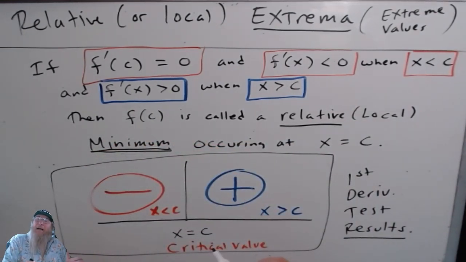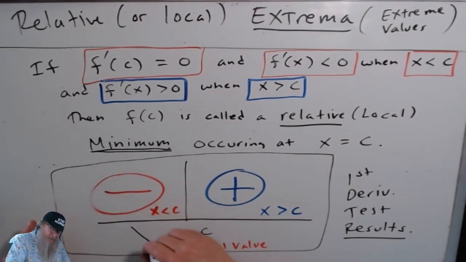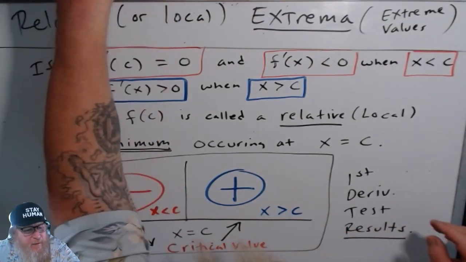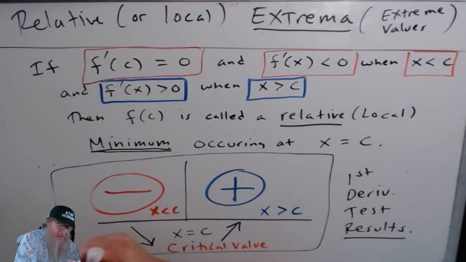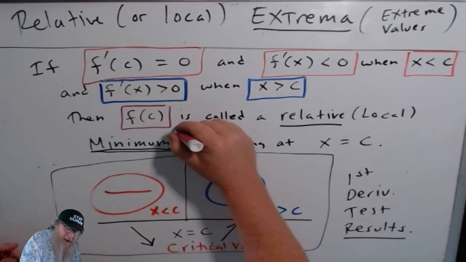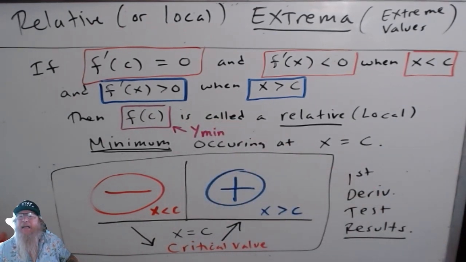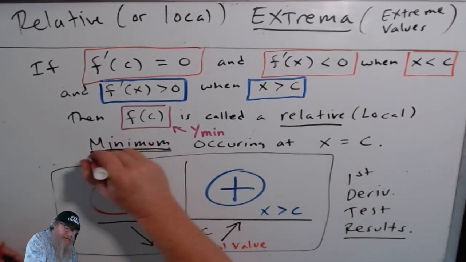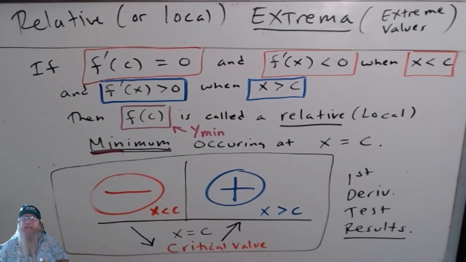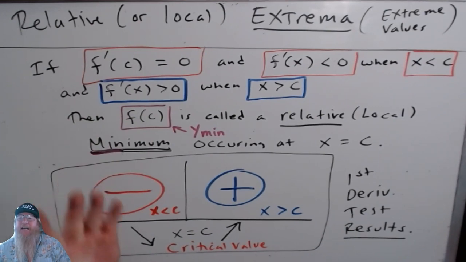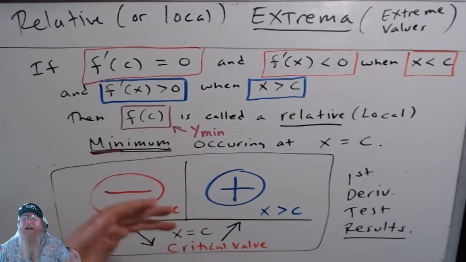And you can kind of see why. Look, the graph is going down. And then it's turning around and coming up. I will point out that this is a y value, and we sometimes call it y min, just to indicate that it is the minimum y value. Because it's a function, we call it f of c, but in your mind, it is a y value on the graph.